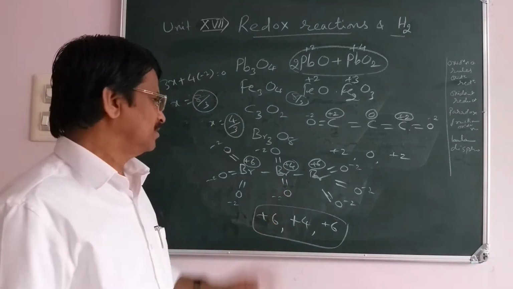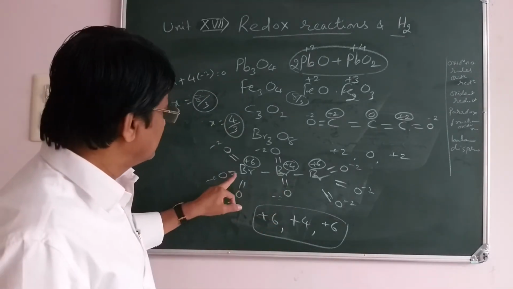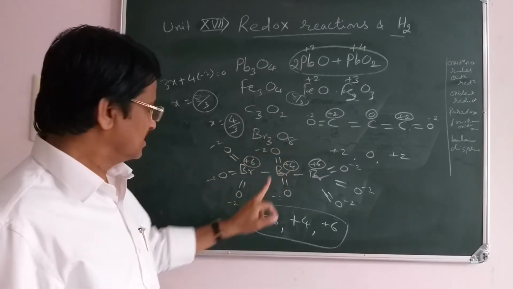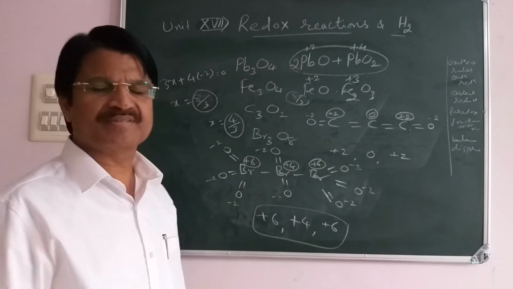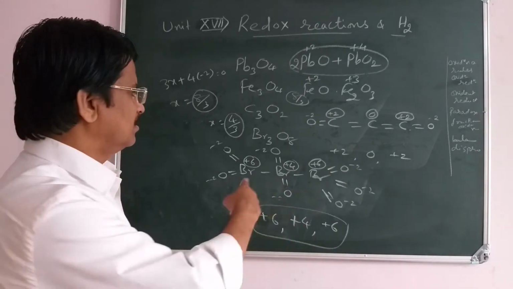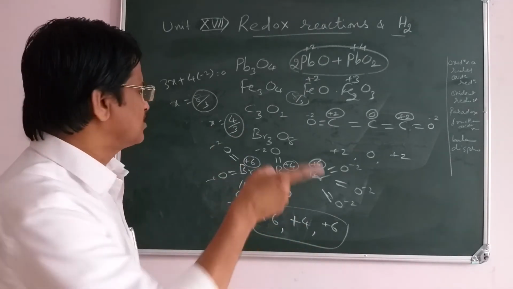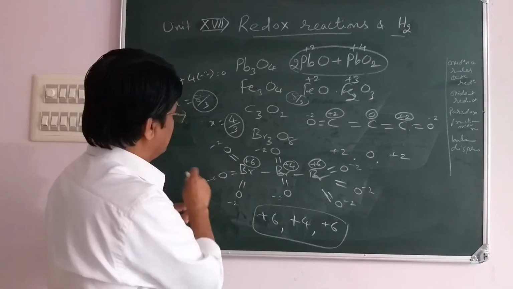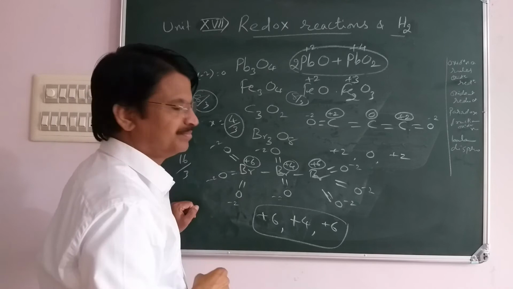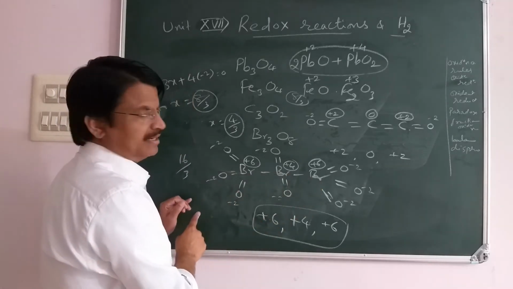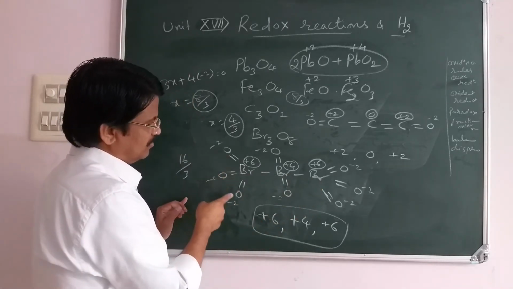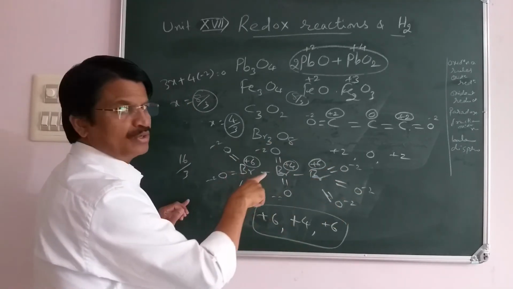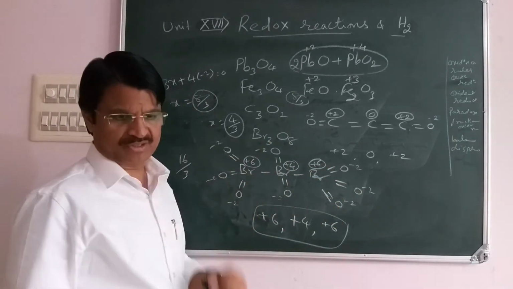The oxidation number of bromine in tribromo octoxide will be plus 6, plus 4, plus 6. Then if they ask for the average oxidation number of Br, write 16 by 3, because there are 3 Br and 8 oxygens, 8 into 2 is 16, so 16 by 3, fractional.